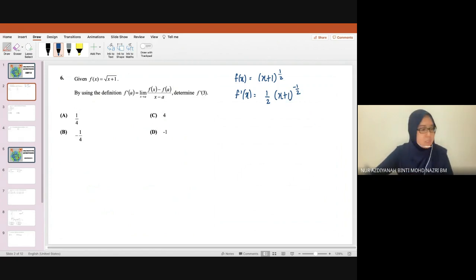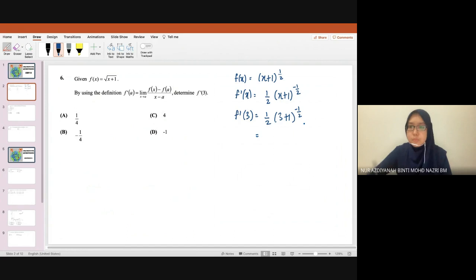Then we multiply by 1, so there's no need to write it. And then we want f prime of 3. So for f prime of 3, we have 1/2, and then 3 plus 1 to the power of negative half.